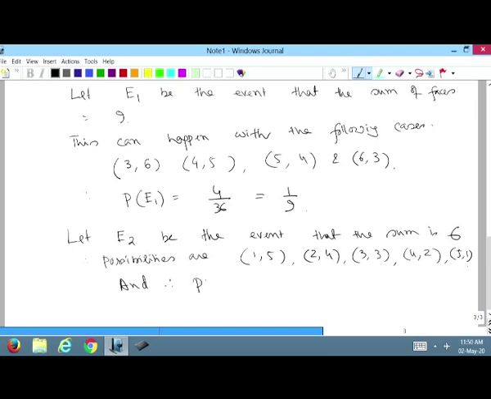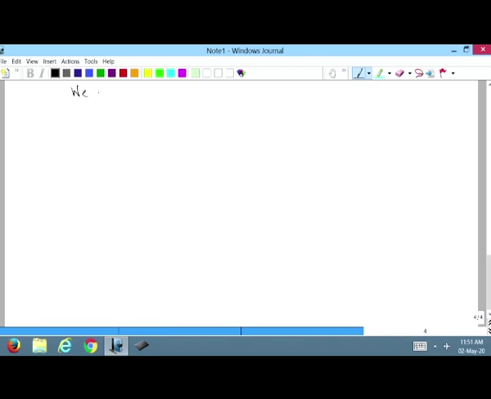Therefore, probability of E2 is equal to 5 upon 36.